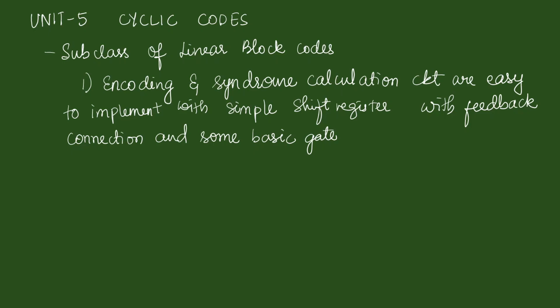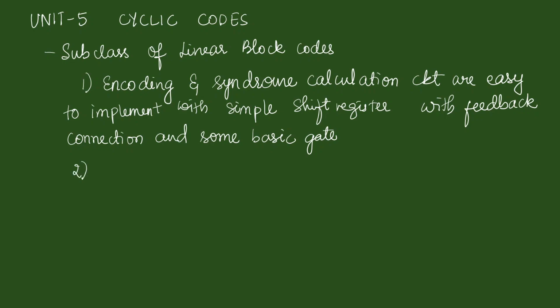In the linear block codes we saw that multiple different basic gates and shift registers were required for the syndrome calculation circuit or the encoding circuit. The number of gates involved was too many, but here with a single shift register and only a few basic gates with a feedback connection, we will be able to achieve easily implementable encoding and syndrome calculation circuits. So this is the first advantage.